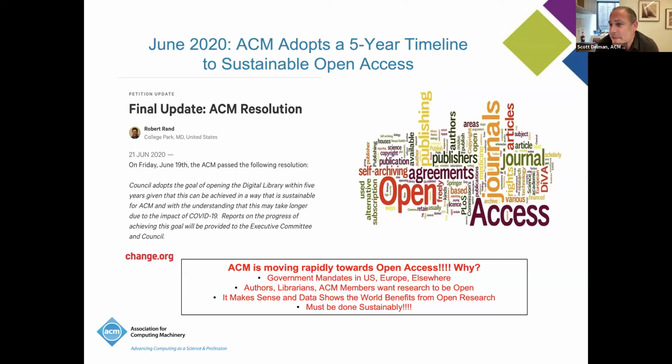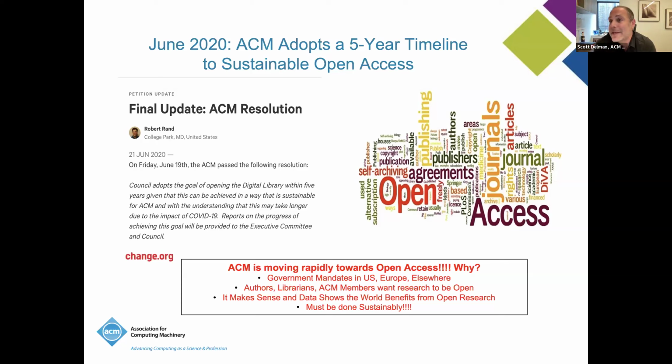The ACM Council is ACM's board of directors. These are all members of the community that are elected by the membership of ACM and appointed by the SIGs, by the SGB, by the publications board, and other members of that council, to essentially vote to set a timeline for transitioning to a full open access publisher.